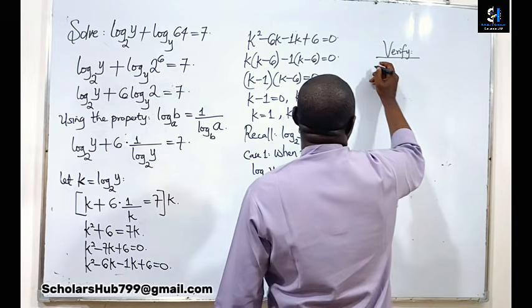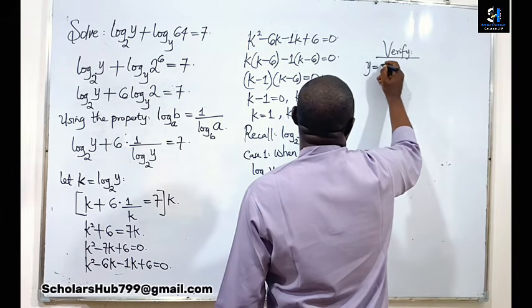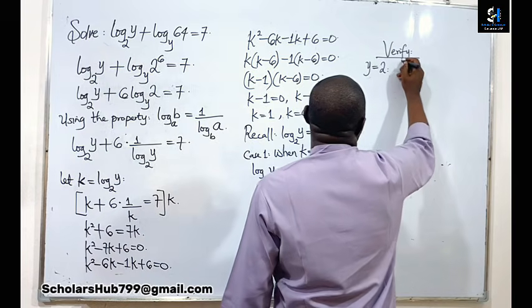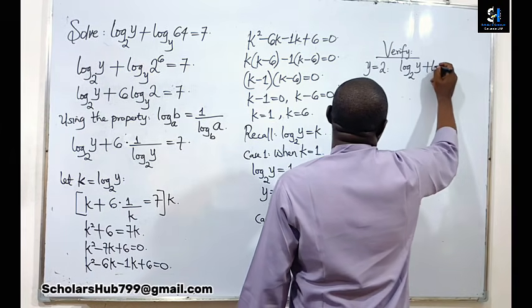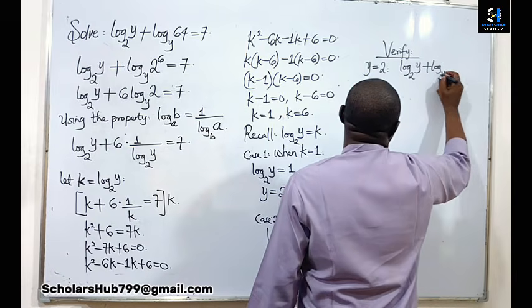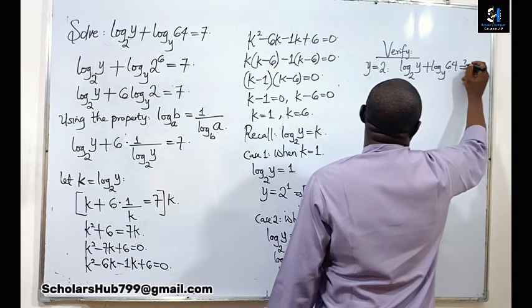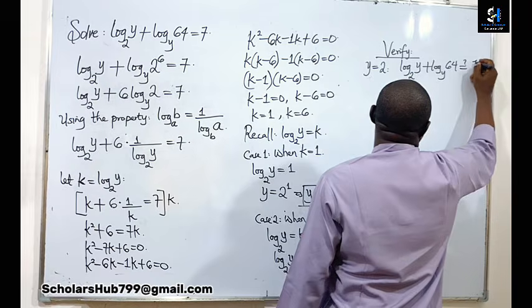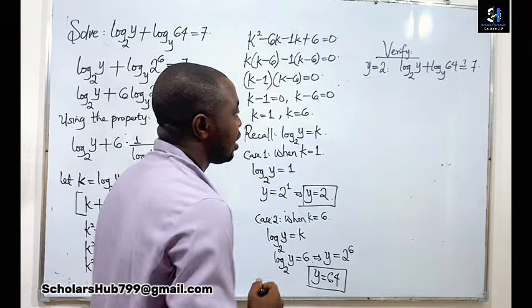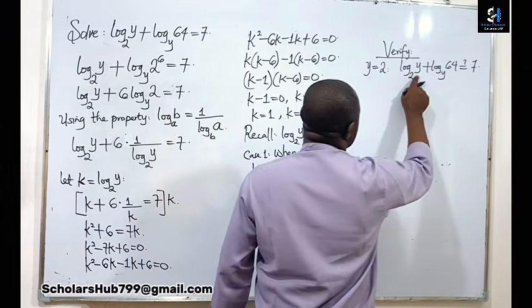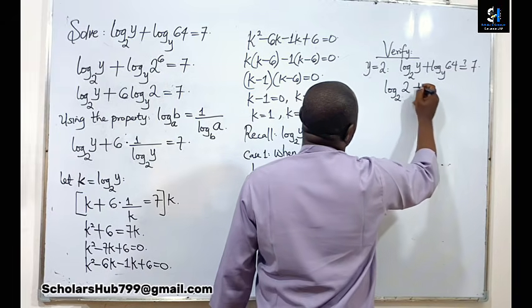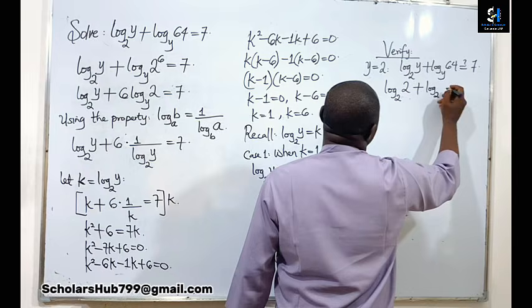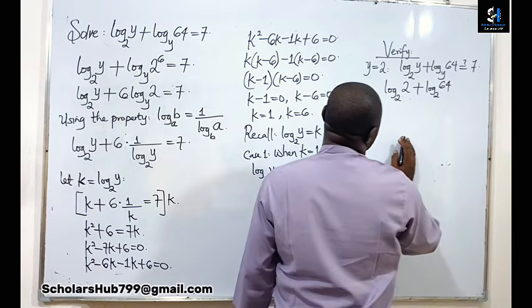Now let's verify. To verify, the first value of y is equal to 2, and the given equation is log to base 2 of y plus log to base y of 64. Will it be equal to 7, which is on the right hand side? Now that the value of y is 2, this will be log to base 2 of 2 plus log to base 2 of 64.